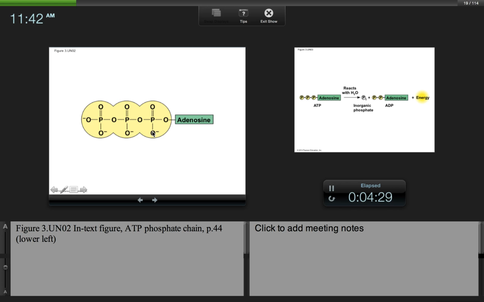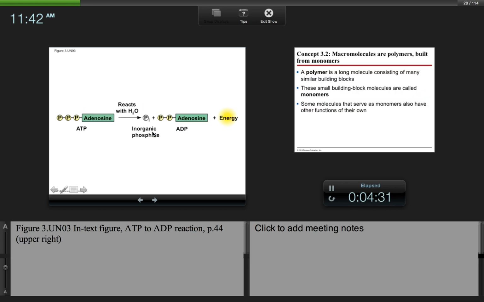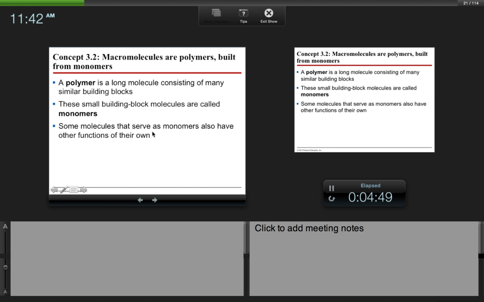So when ATP reacts with water, an inorganic phosphate comes off of the molecule, and a great amount of energy is released because ADP, adenosine diphosphate, is much more stable than adenosine triphosphate.